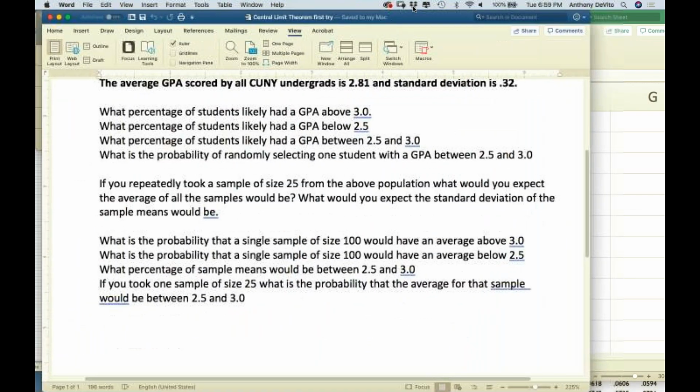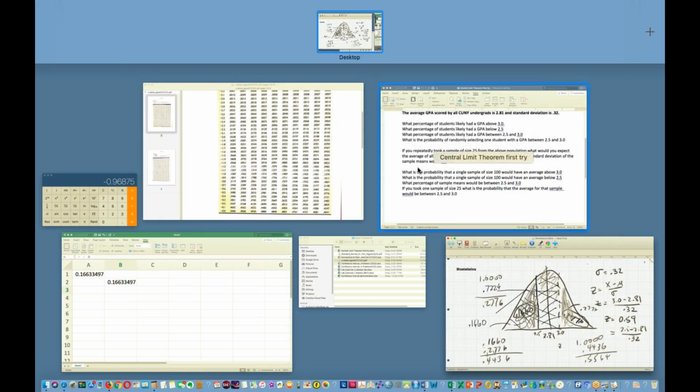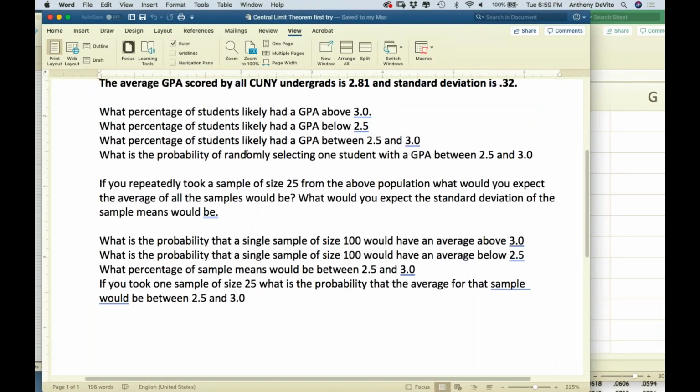Okay, so what percentage of students likely have a grade point average between 2.5 and 3.0? Well, we decided that was a little less than 56% of students, right? Next question is, what's the probability of randomly selecting one student with a grade point average between 2.5 and 3.0? Isn't that what we just did?